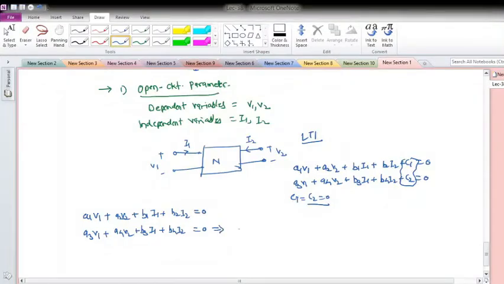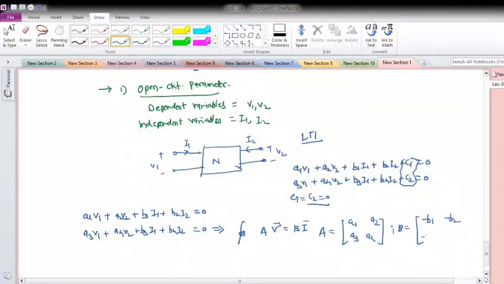With this I can write in matrix form, A into V bar equal to B into I bar. A will be A1, A2, A3, A4, and B I am shifting onto the right hand side, so B will be the negative values: minus B1, minus B2, minus B3, minus B4.